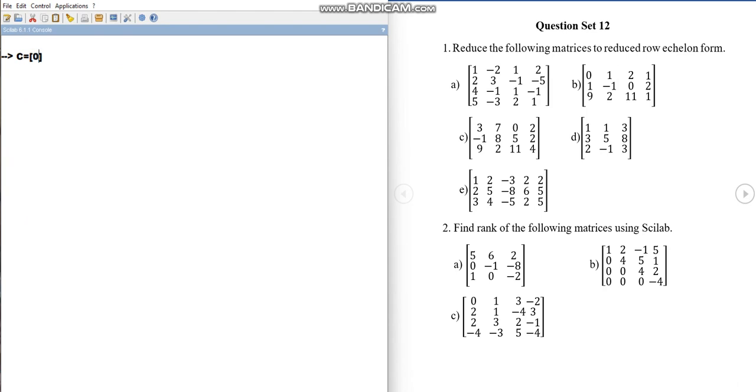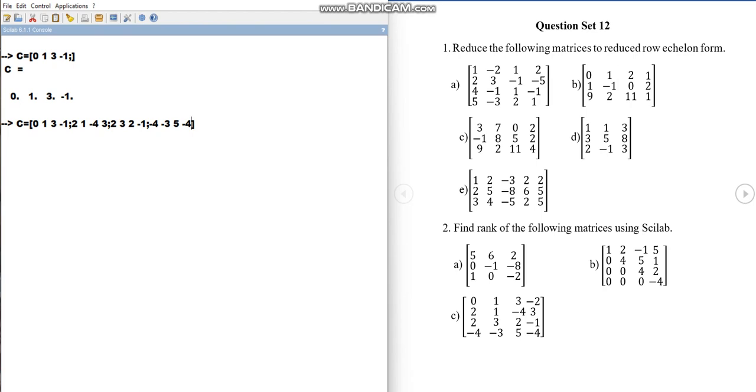Now C is 0, 1, 3, minus 2. No need to verify here, we can directly find the rank. Okay, just wait a minute. The next is 2, 1, minus 4, 3, then 2, 3, 2, minus 1, and then we have minus 4, minus 3, 5, minus 4.